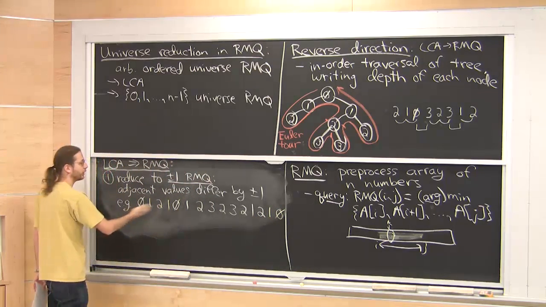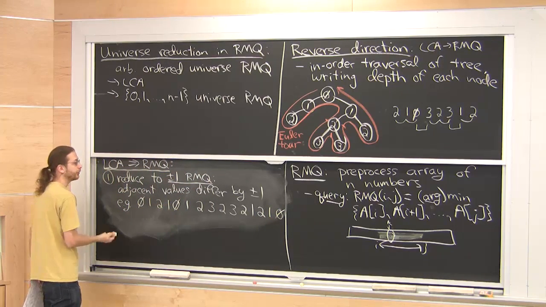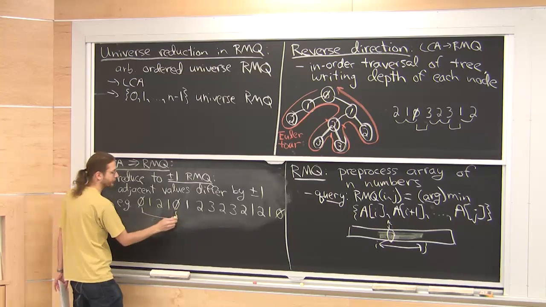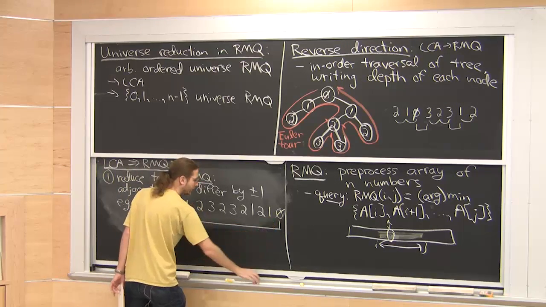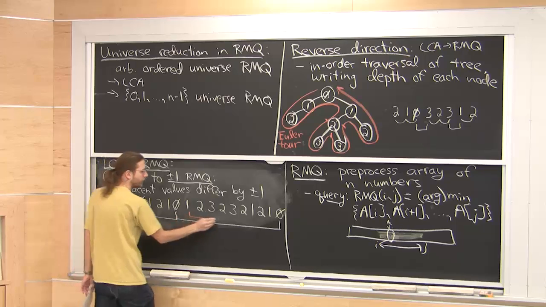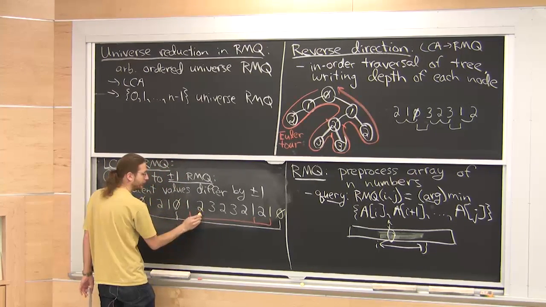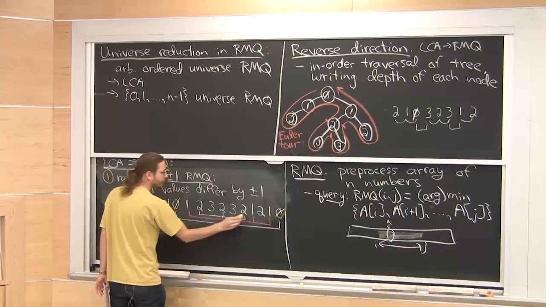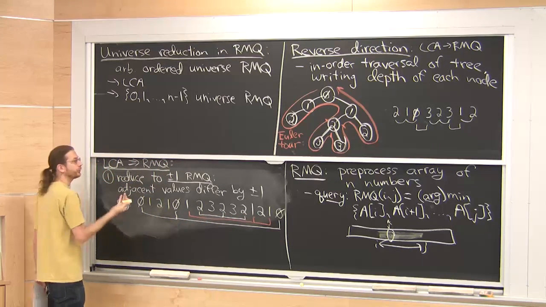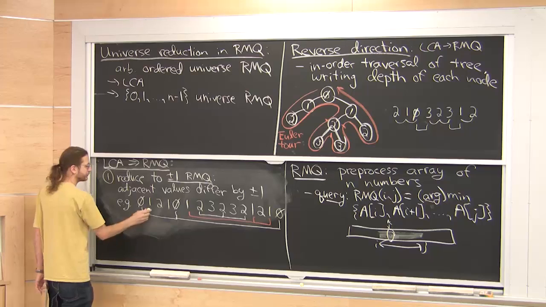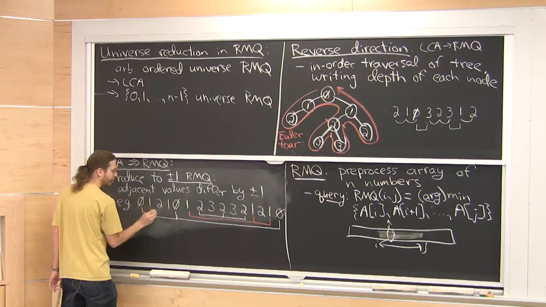Okay, this is what we call the Euler tour. So with multiple visits, for example, here's all the places that the root is visited. Here's all the places that this node is visited. Then this node is visited 3 times. It's going to be visited once per incident edge. Okay, I think you get the pattern.